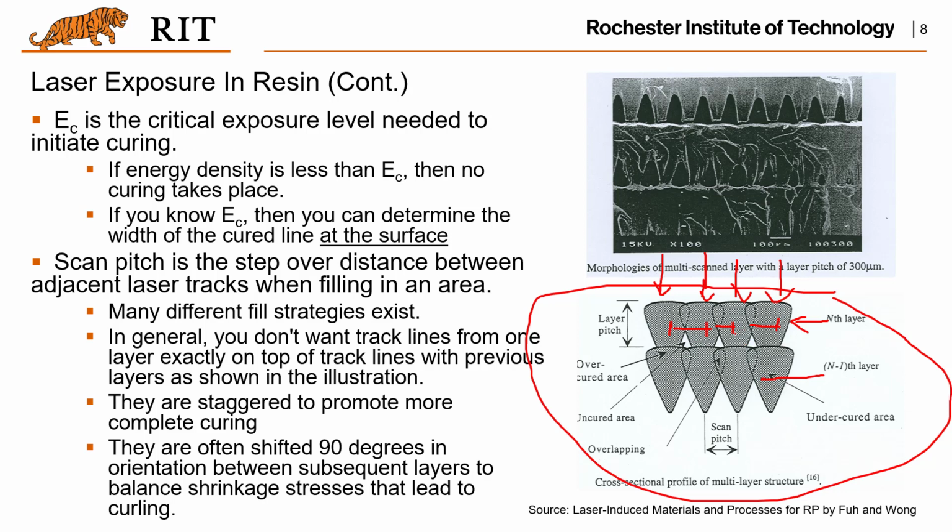If you select an appropriate number, it will become a whole solid layer. But in most cases, if the distance is not good enough, you will have some uncured empty regions, like shown here.